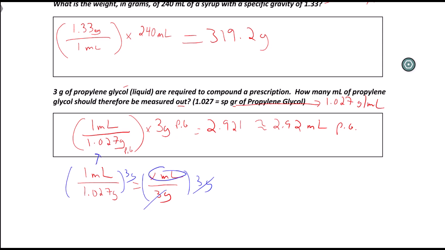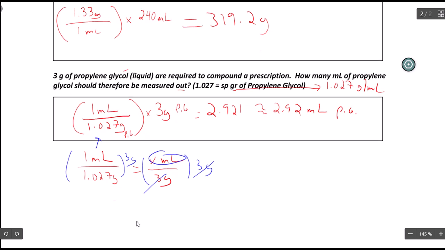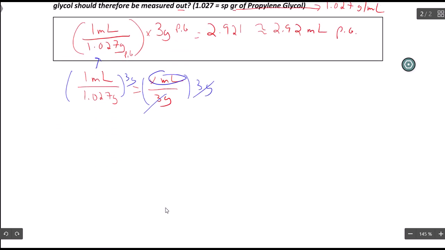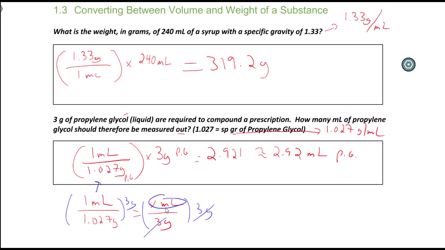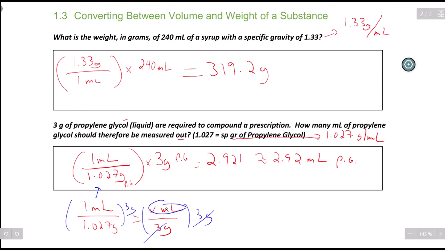All right, so when you do weight and you're dividing it by volume, you are dividing by the specific gravity. So going from weight to mLs, I'm dividing by specific gravity.